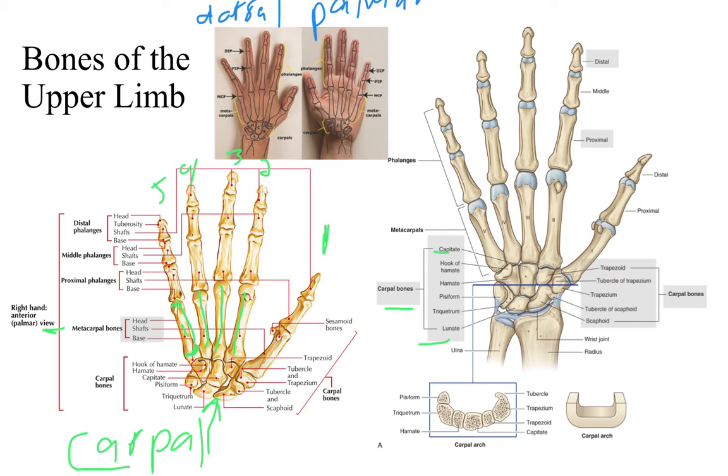All right, and then we come to our first set of joints. And this is going to be true also for your foot, although we didn't cover it. The joint between your metacarpals and your phalanges is known as the metacarpal phalangeal joint, or MCP. So between our metacarpals and our phalanges is the MCP joint.